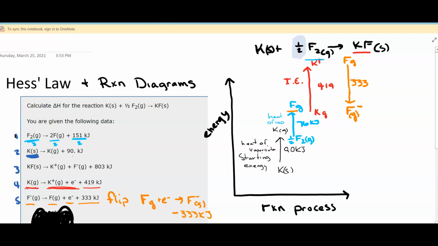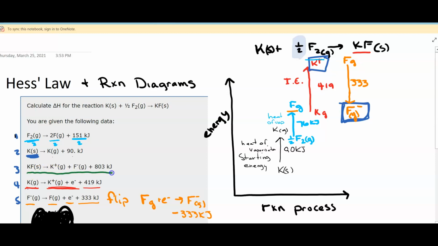So we've plugged in 90 plus 76 plus 419 kilojoules of energy. And in forming the anion to react with the potassium ion, we have released 333 in that step. We now have our reactants, the potassium ion and the fluoride ion, in fit condition to join together to make potassium fluoride. So for that next step, we'll consider reaction 3.